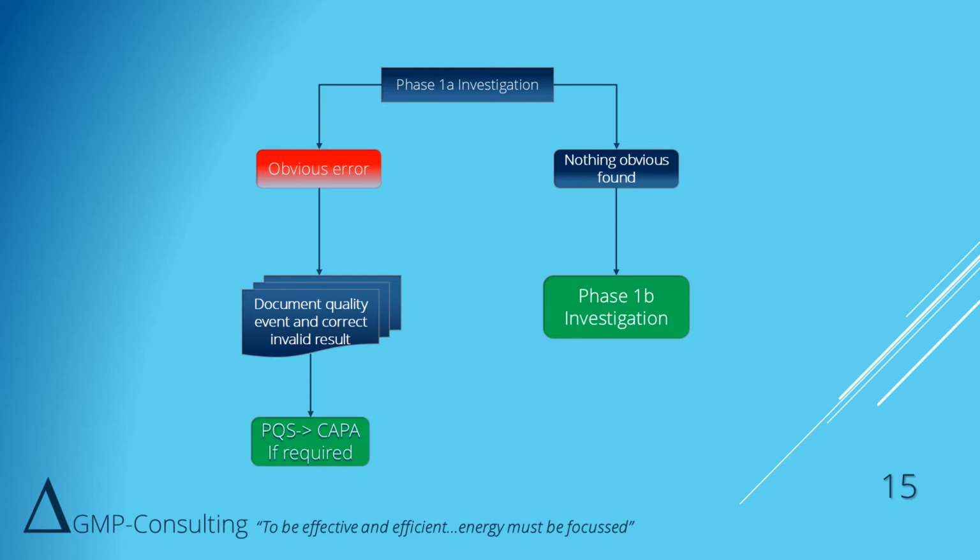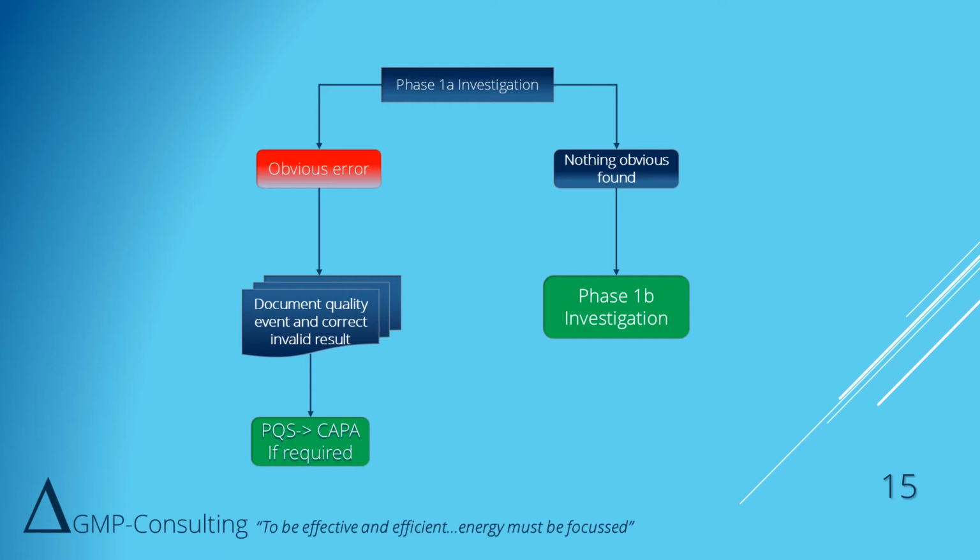So in the phase one investigation, if you find an obvious error, marked on the left in red, you still have to document the quality event in your QC system or the QA system, depending how your company is set up. And if it is a problem with the method, that people are finding workarounds to, you might still raise a CAPA to correct that if it's a chronic issue.